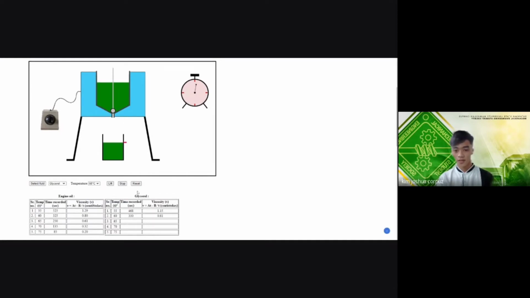For the second trial, we got a time recorded value of 330 seconds and a viscosity of 0.81 centistokes. For the third trial, we got a time recorded value of 235 seconds and a viscosity of 0.57 centistokes.